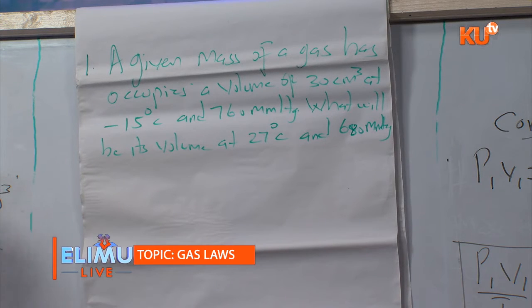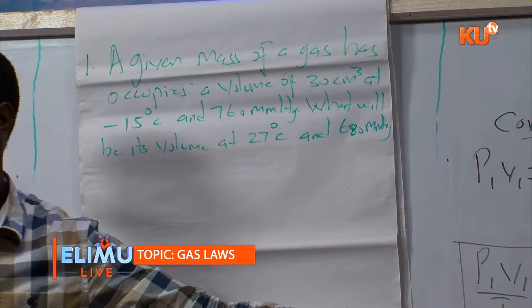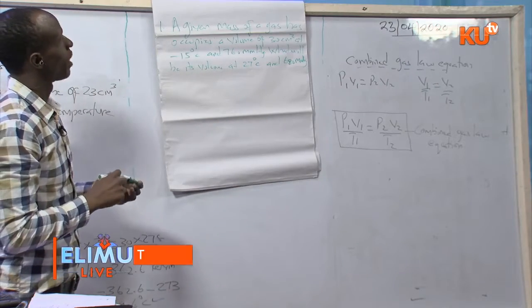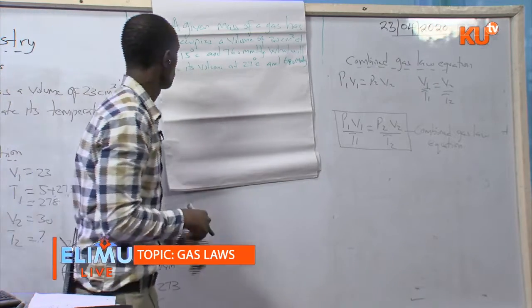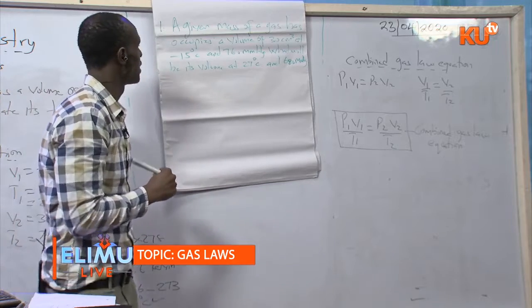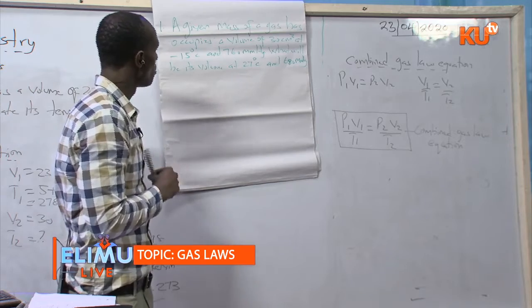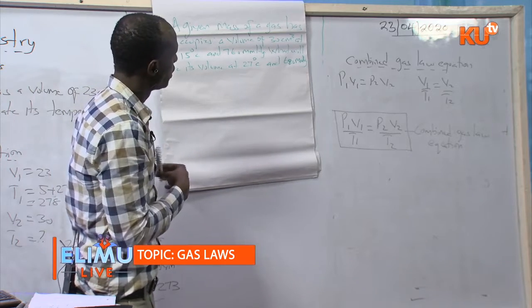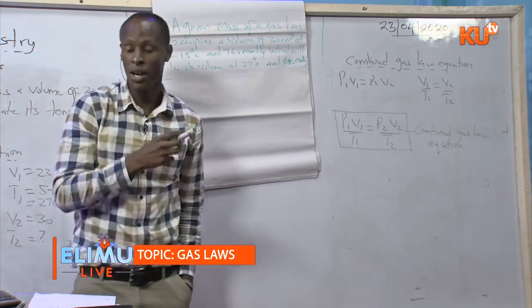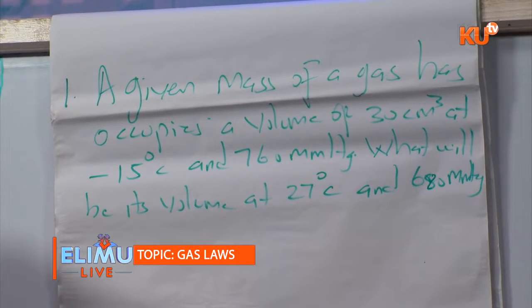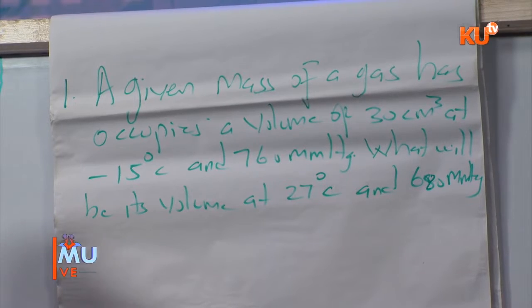So that's the equation we want to look at regarding the combined gas law equation. A given mass of a gas occupies a volume of 30 centimeter cubed at negative 15 degrees and 760 mmHg. What will be its volume at 27 degrees and 680 mmHg? A student might forget and use the Boyles Law equation, P1 V1 equals P2 V2.